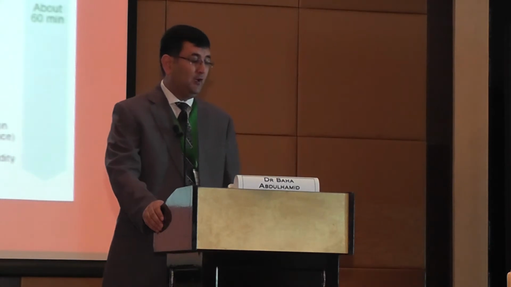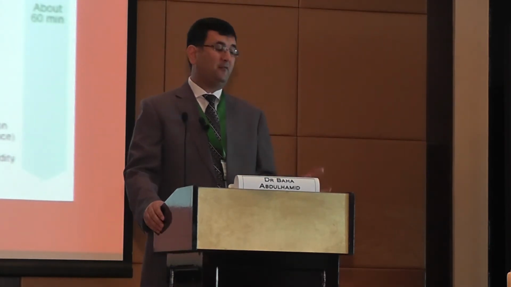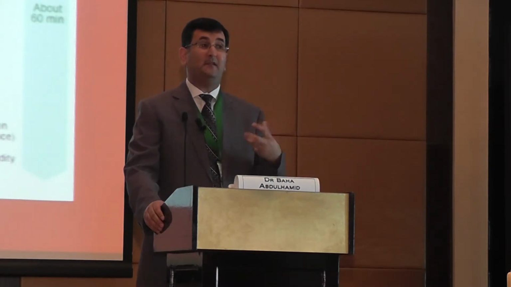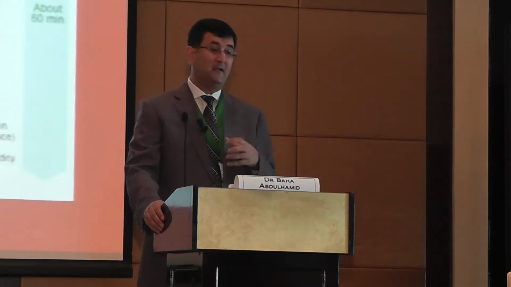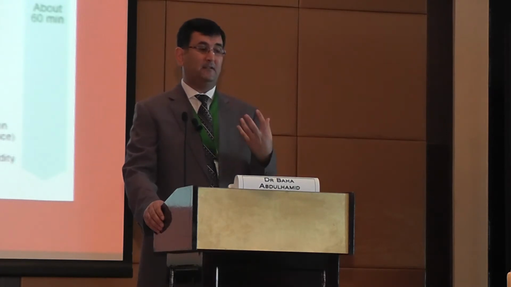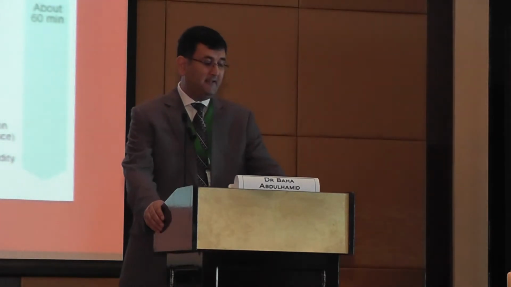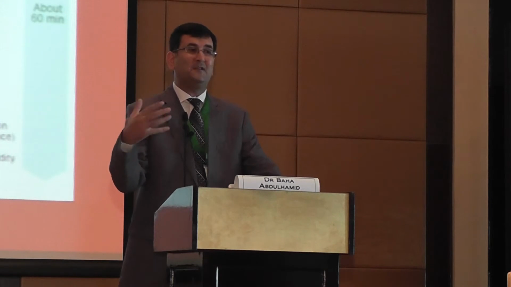LAMP, the loop-mediated isothermal amplification test, is a very powerful technique. It's an isothermal NAT. It is rapid. It can be done in 60 to 90 minutes. It's robust. It can produce millions of DNA copies in an hour and a half. And it is cheap. It is isothermal, so we really don't need the PCR thermocycler.